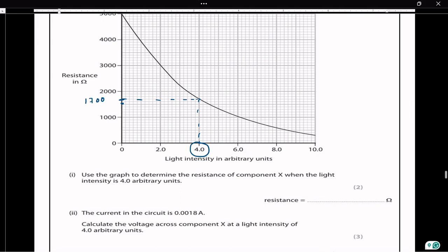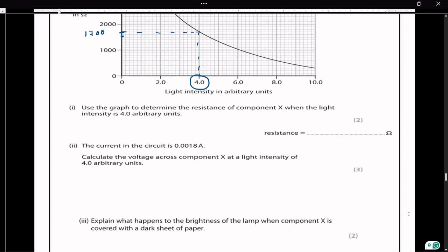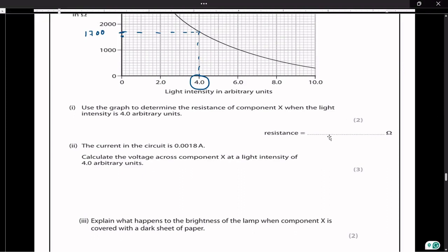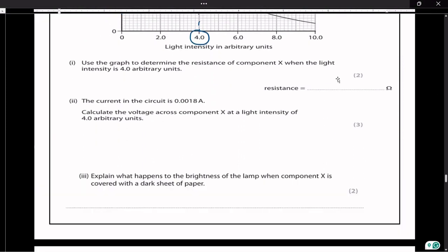So we can write the resistance as 1700 ohms.